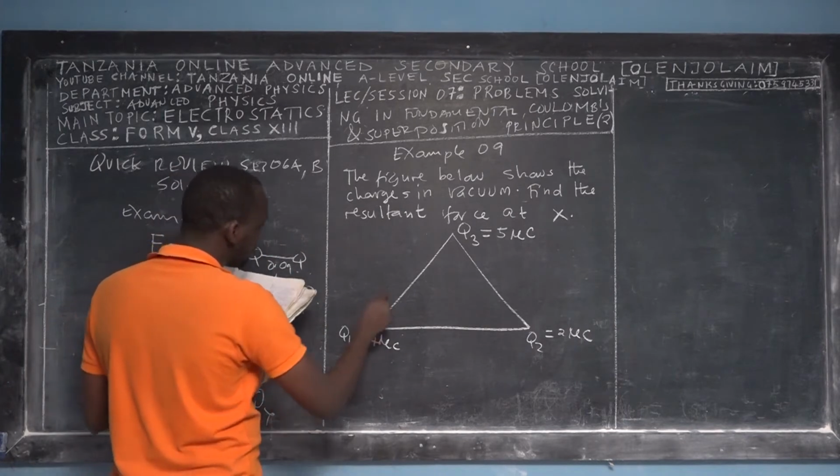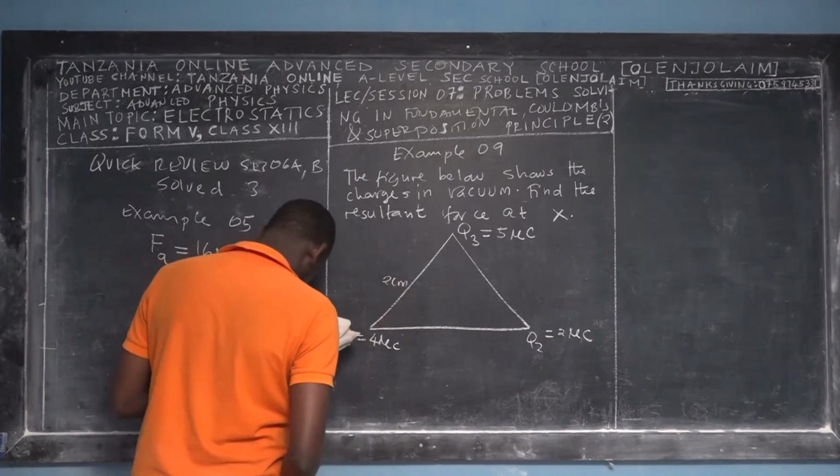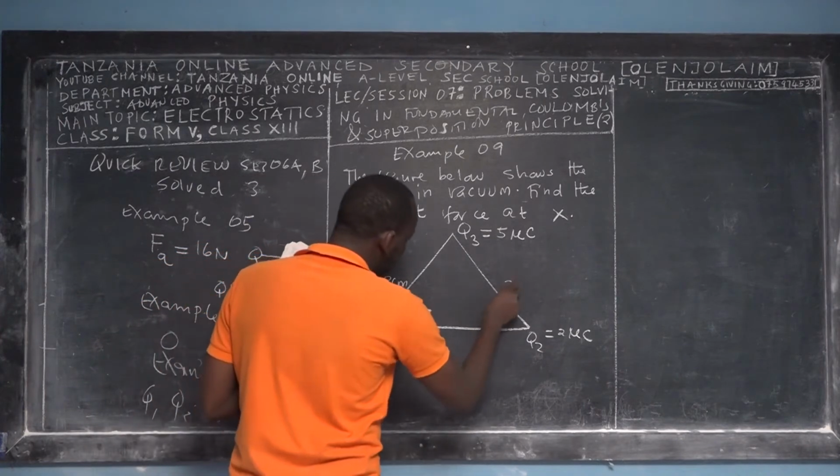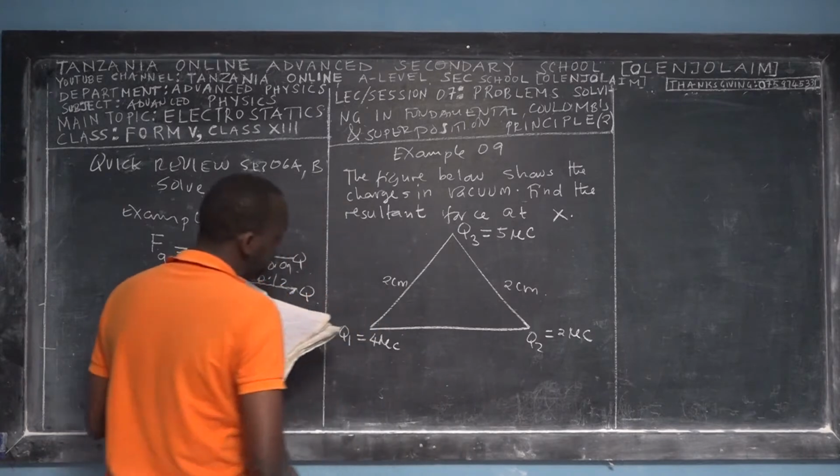The distance between them is 2 centimeter, and this also is 2 centimeter, so it is an equilateral triangle.